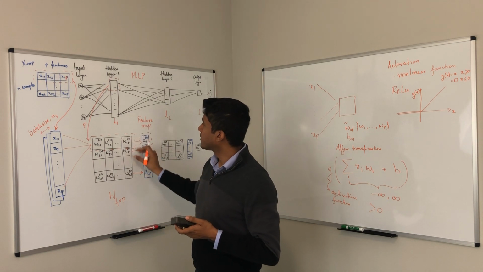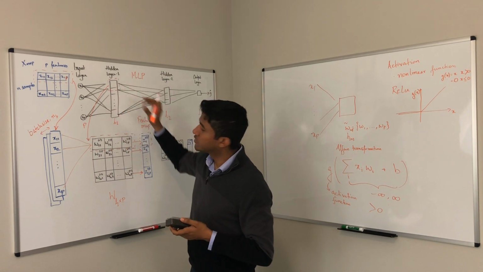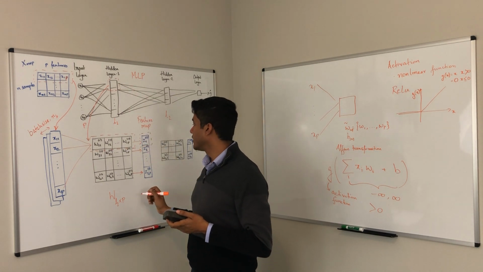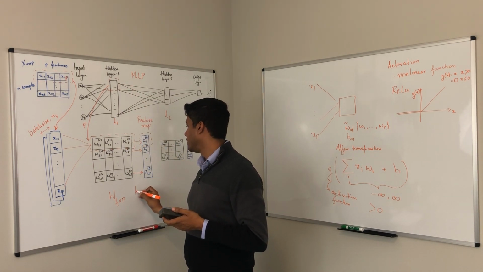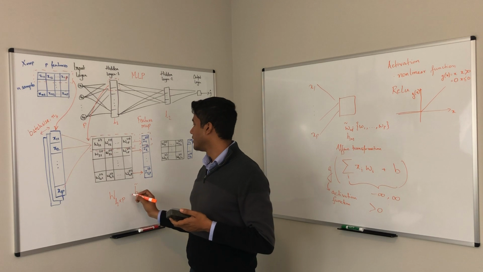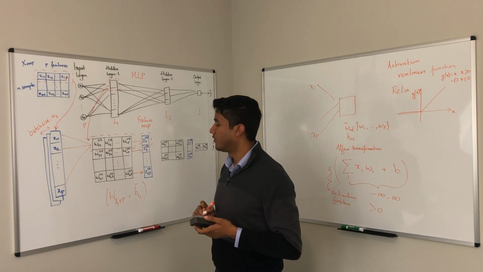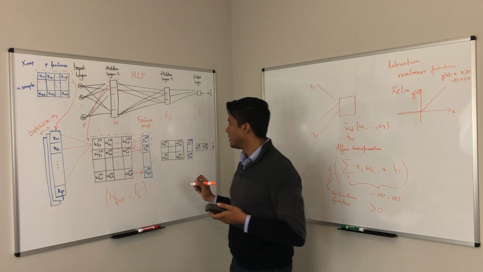Each of these nodes will have one bias term. We have L1 nodes, so we will have a vector of biases of size L1. So this is what my first layer is made up of.